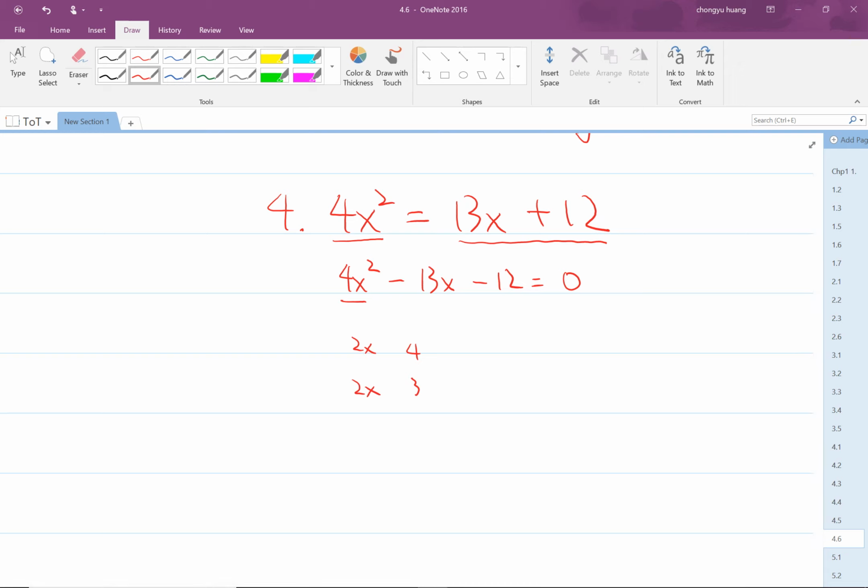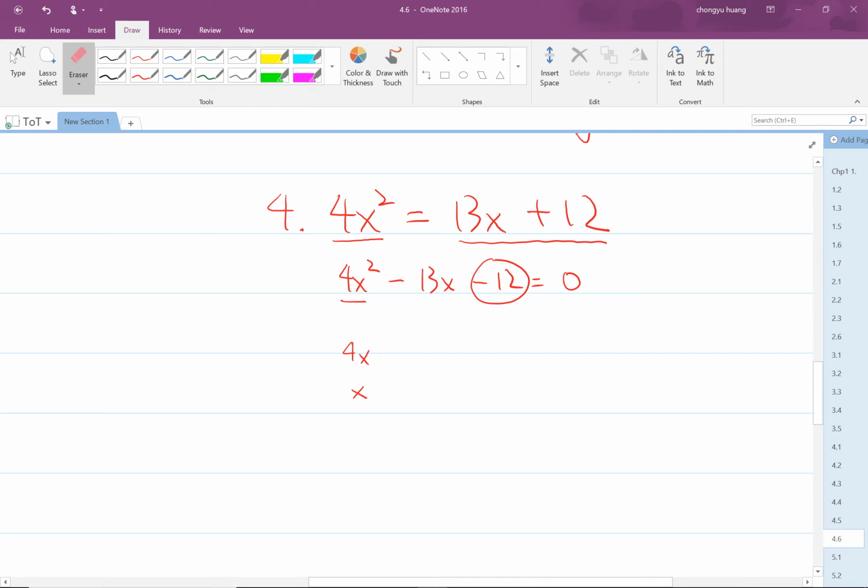The number here is -12, so definitely one of them will be negative. You need to think about it while you're doing this. Instead of 2x and 2x, we simply have 4x and x, and that may just work. Yeah, now it's working.